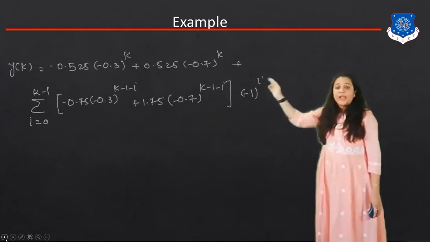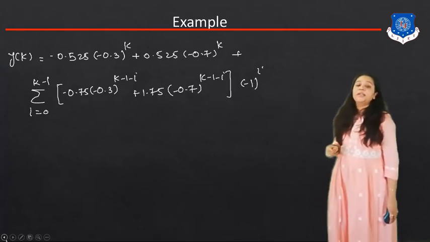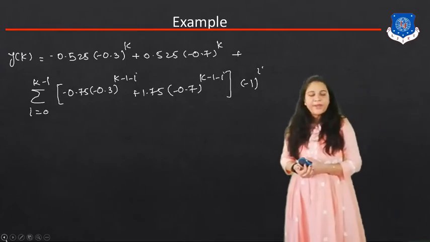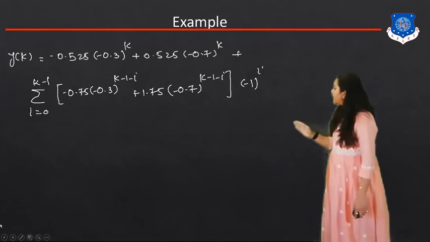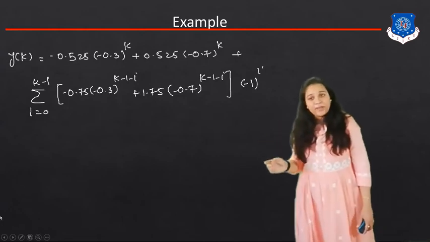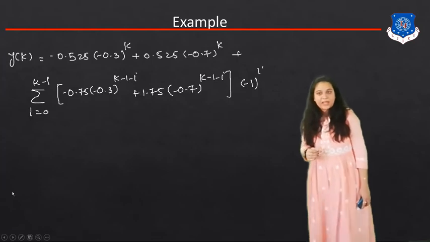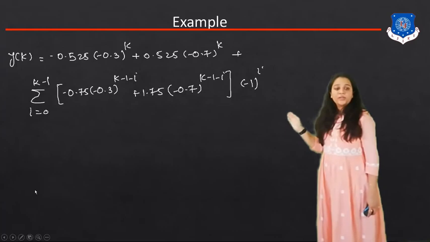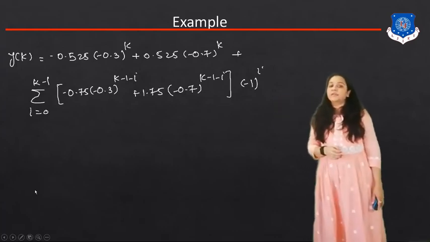So we can get y(k) equal to minus 0.525 in the bracket (-0.3)^k plus 0.525 in the bracket (-0.7)^k plus the summation from i = 0 to k-1 of minus 0.75 in the bracket (-0.3)^(k-1-i) and plus 1.75 in the bracket (-0.7)^(k-1-i), with multiplication by (-1)^i.